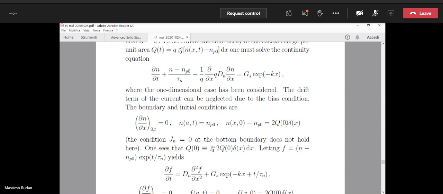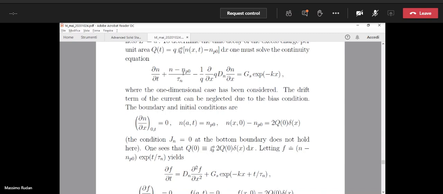And since the Dirac delta is not a function, but you can think of it as something that is even with respect to x, the first derivative is 0, because delta is even. So these are the boundary and initial conditions for the equation to be solved, okay?